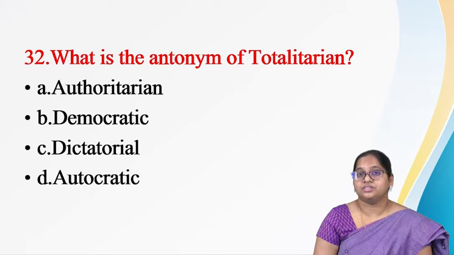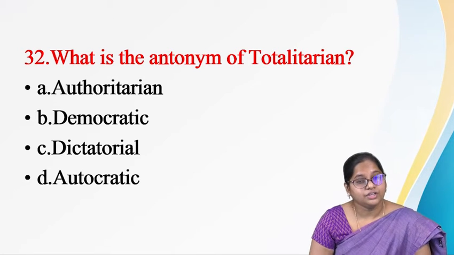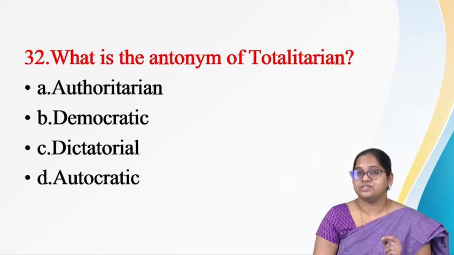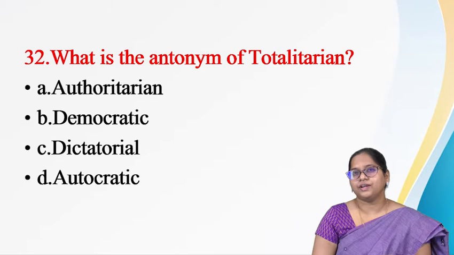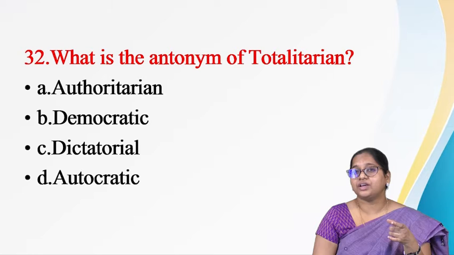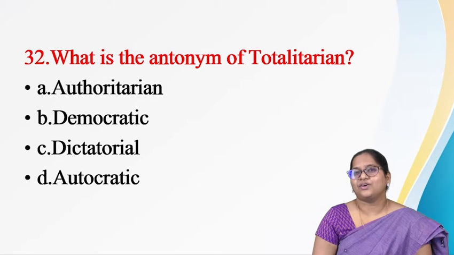Next, third one, dictatorial. Dictatorial is somebody who dictates, who has the power to control, who has the power to take over. So that person is said to be dictatorial. That's similar to authoritarian, right? And that's similar to totalitarian.